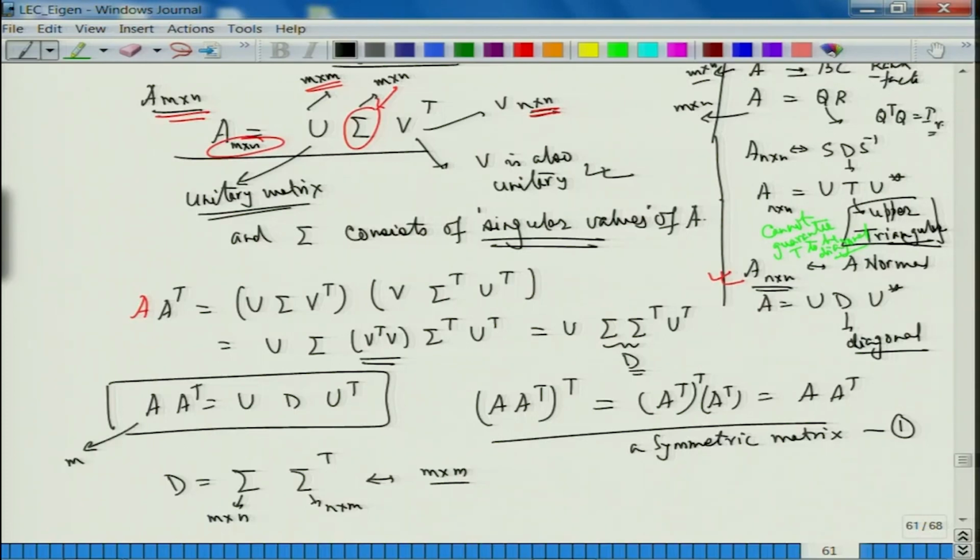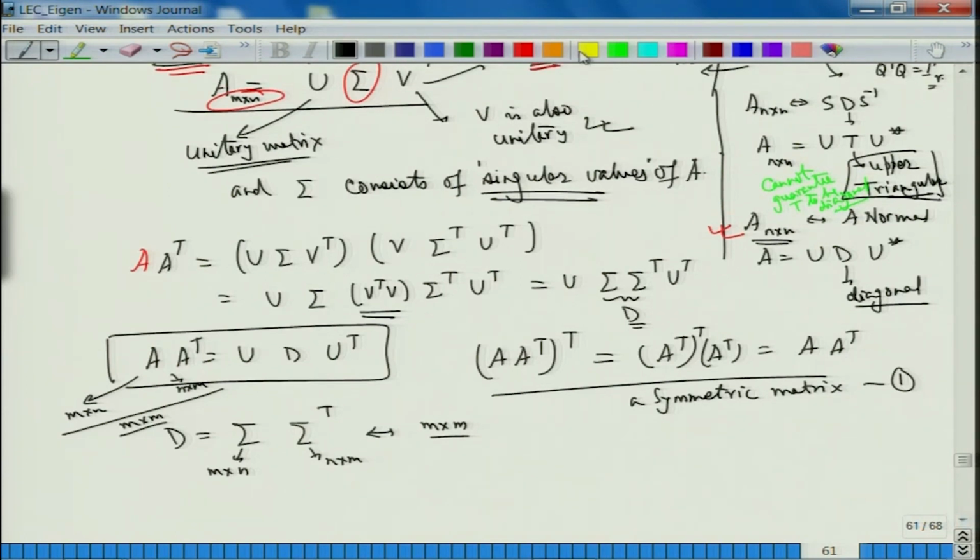A is also m cross n, this is n cross m. So, everything is m cross m. So, what we are doing here is that in some sense I have got this matrix which is a symmetric matrix. I already wrote it is a symmetric matrix, and then I am looking at the decomposition of A A transpose in terms of eigenvalues, eigenvectors. All right, that we have already done.